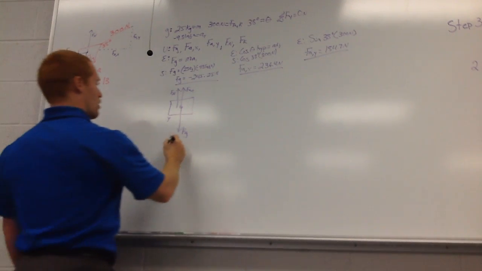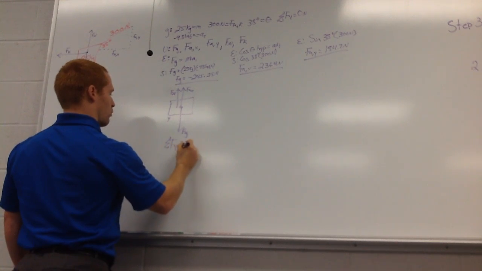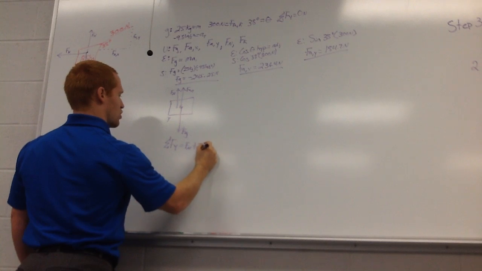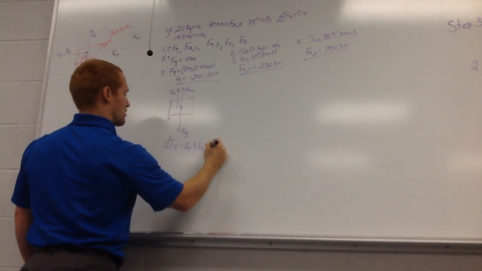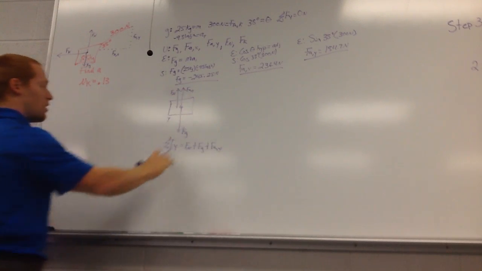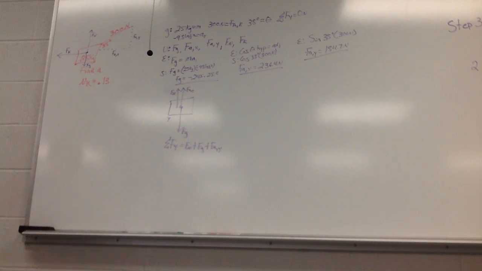So from that, we get the equation Fy equals Fn plus Fg plus Fay. Okay? All the forces in the y direction have to add up to equal the net force, or the total force in the y direction, which we know is 0.